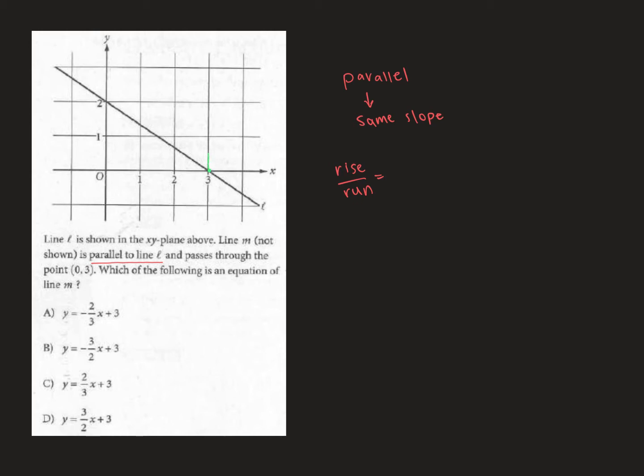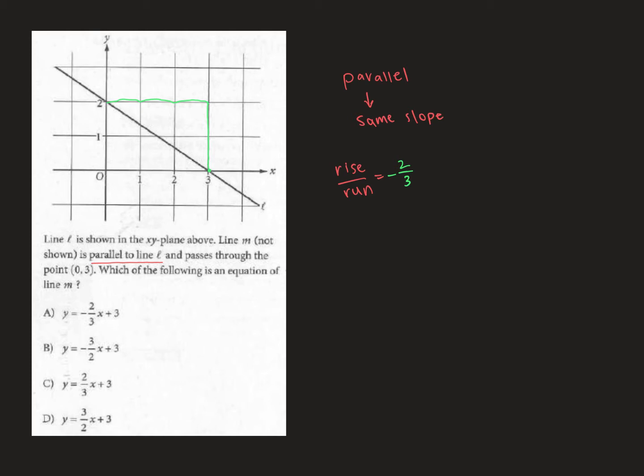We're rising 2, and then we're running 3. So rise is 2 and run is 3, and this is going in the negative direction, so it's minus.